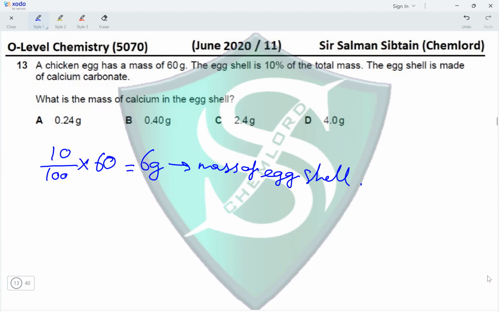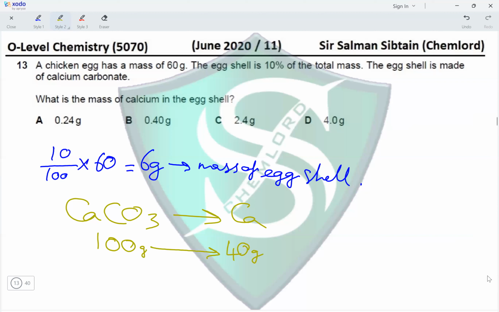So in calcium carbonate, we have 1 mole of calcium present. That means the Mr of calcium carbonate would be 40 plus 12 plus 48, giving us a value of 100. 100 grams would contain 40 grams of calcium.